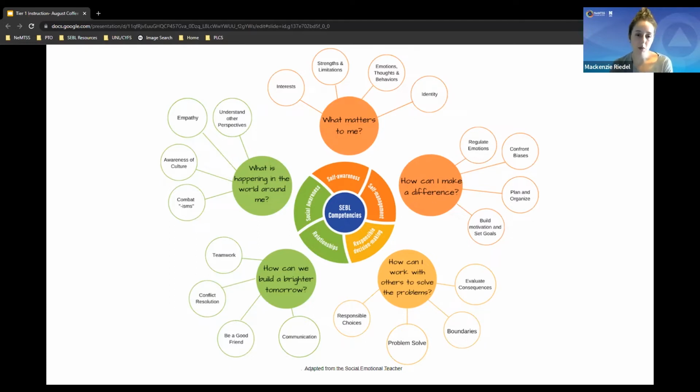And so while you might have an SEL curriculum where you're doing intentional teaching around SEL skills, we really want to focus in on the process, because we teach academics all day, but you can really embed some of that SEBL language within your conversation and within your lesson plans. So you can target some of those SEBL skills throughout the day, throughout different academic subjects.